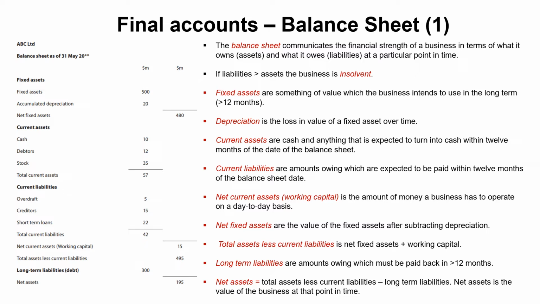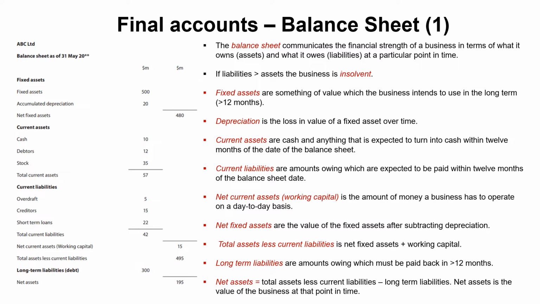Okay, examples there, add them together. If you subtract current liabilities from current assets, that provides you with net current assets, also called working capital, and that figure is taken across the right-hand side there in the column. Now, working capital is the amount of money you have to operate the business on a day-to-day basis.